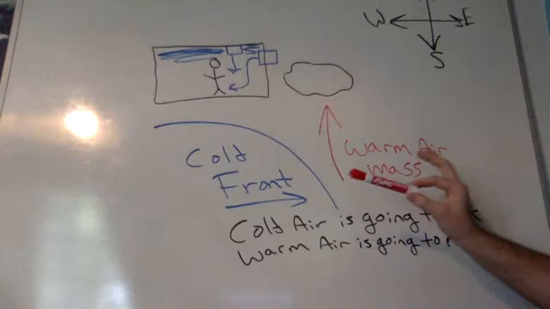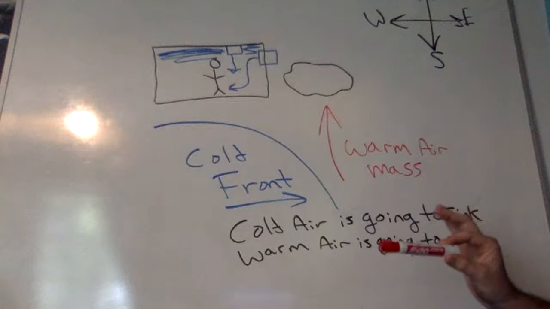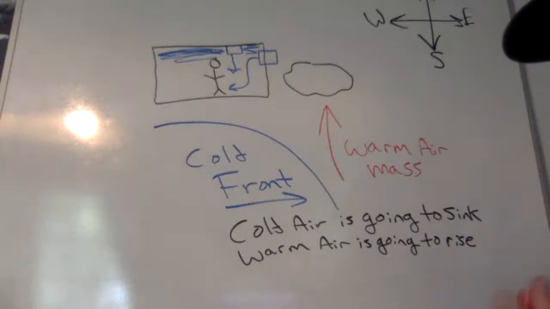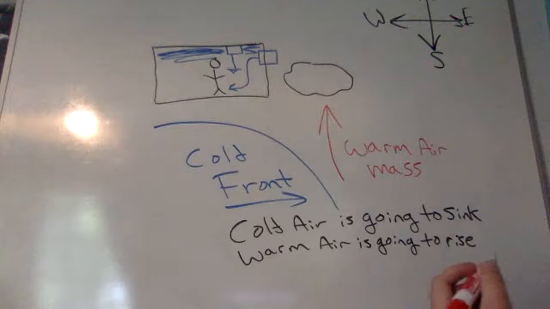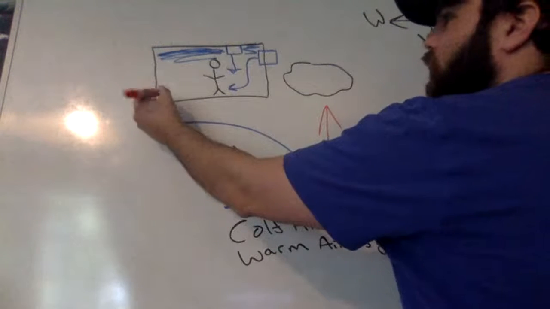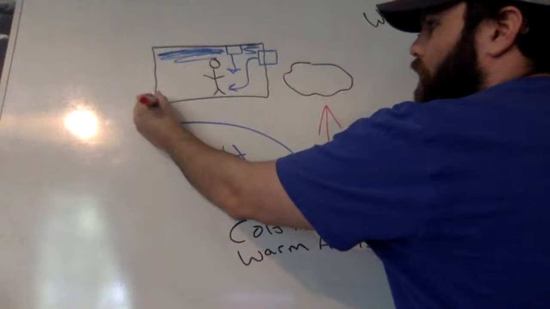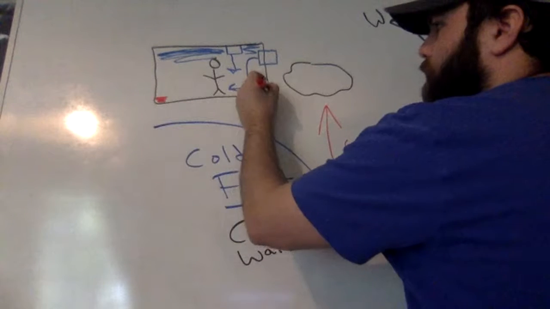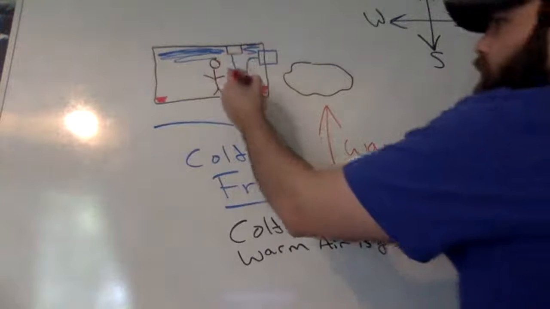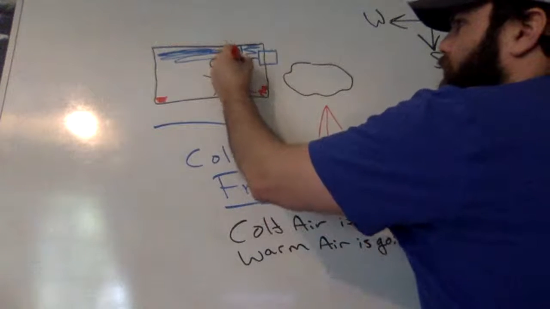So the same thing happens with heat in your house. If you think about your house, usually you have your radiators or your heating units located on the ground, and the reason for this is because warm air rises and it goes up.